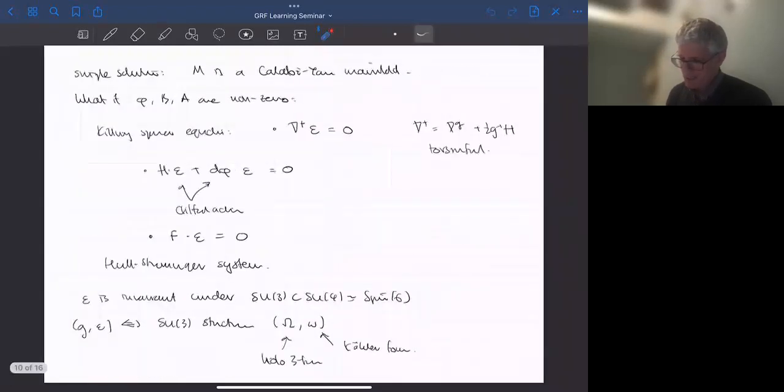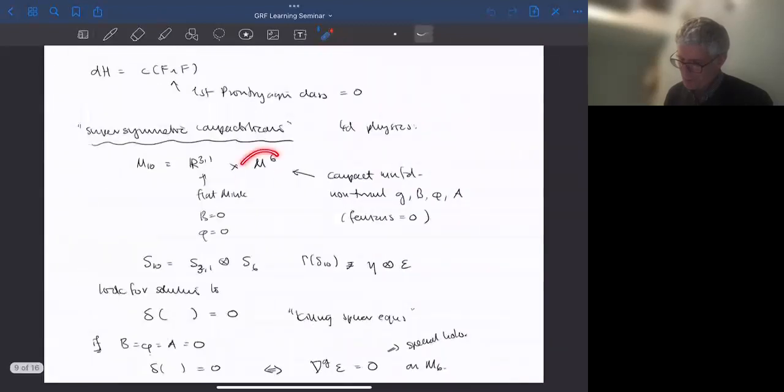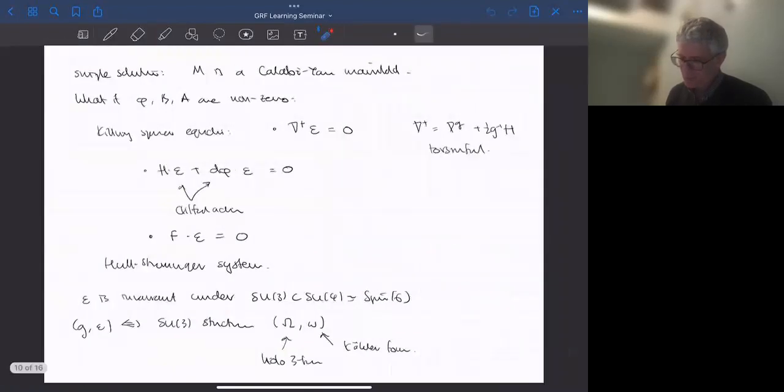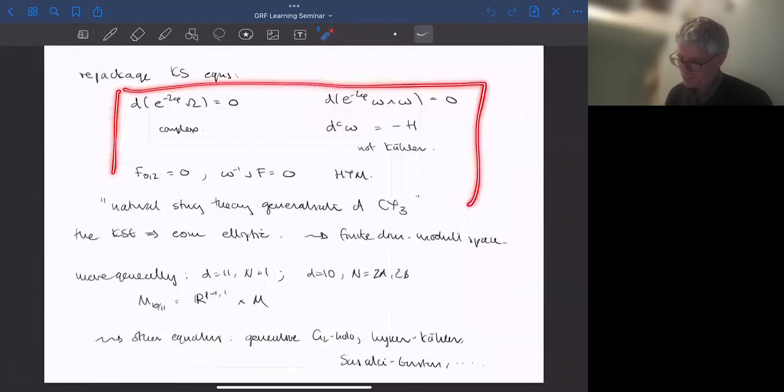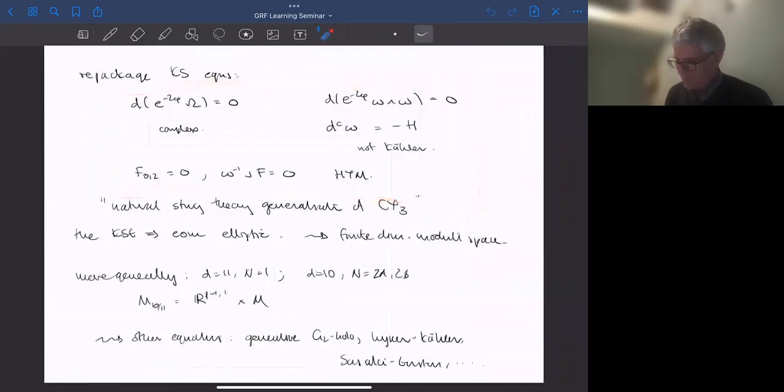And that gives you a set of equations on the fields on the internal space. And in this particular case, they give you the equations of the Hull-Strominger system. So that's this set of equations. And that's some sort of generalization of Calabi-Yau.